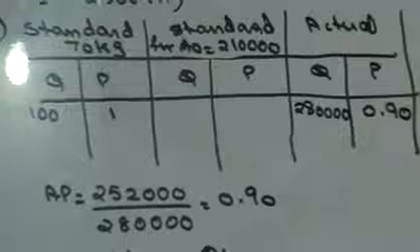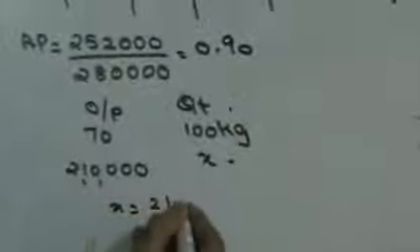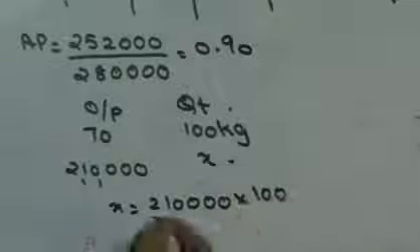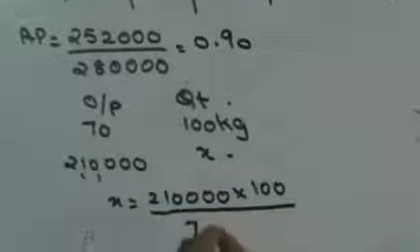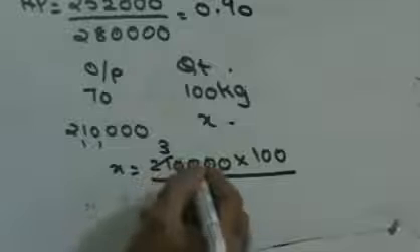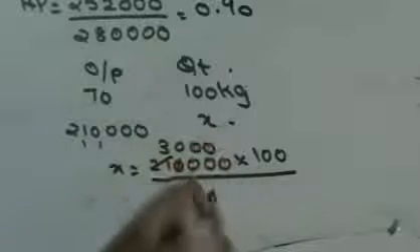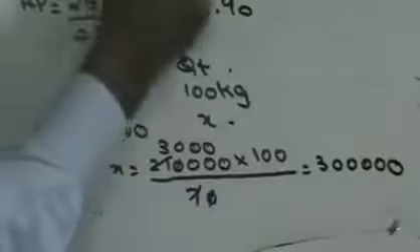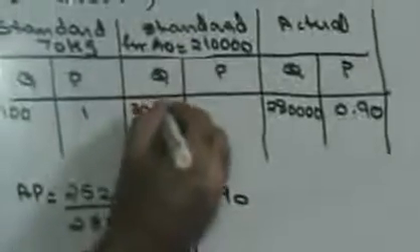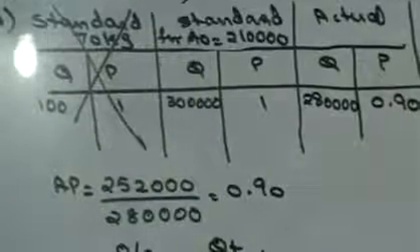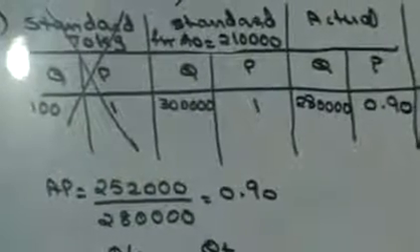The standard quantity will be 2,10,000 into 100 divided by 70. 7 threes are 21, and the zeros follow, so that gives you 3,000. This is going to be 3 lakhs. Copy the rate here as it is, cancel this out, apply the three formulas and you can get the three variances.